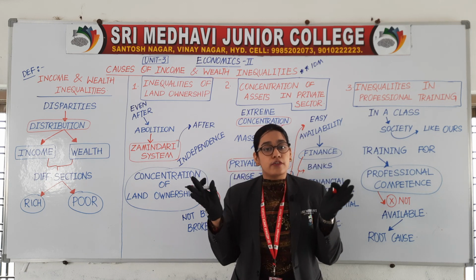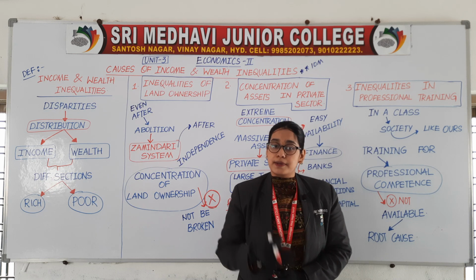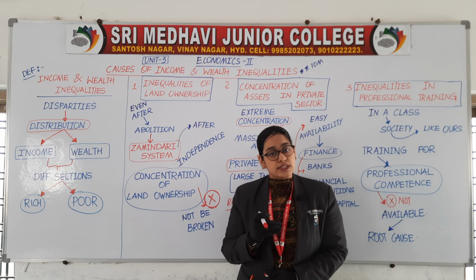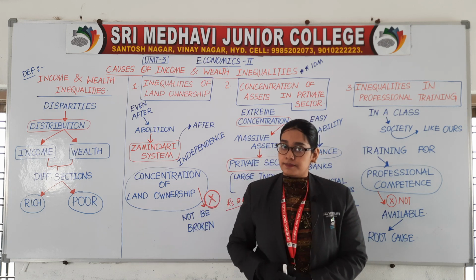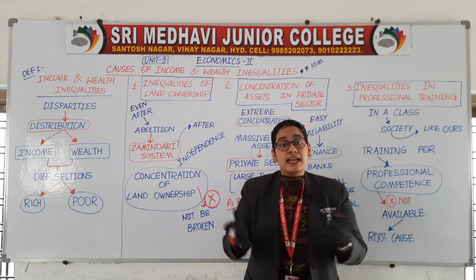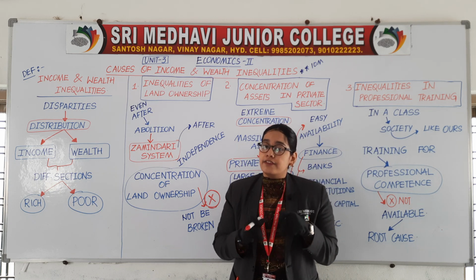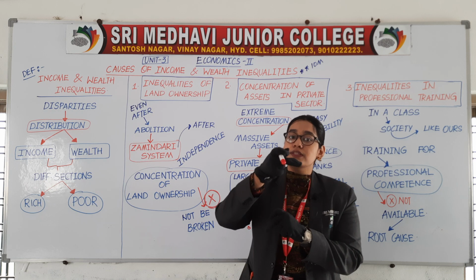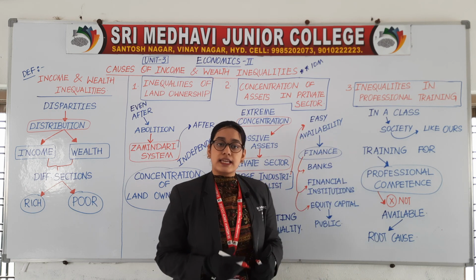Whenever I get profits, I'll give you double amount. For example, if you give me 10,000, when I get profit, I'll give you 15,000. In this way, I'll attract the public to invest in my company. Whenever I get profits, I'll give you some extra amount. So this is called equity capital.